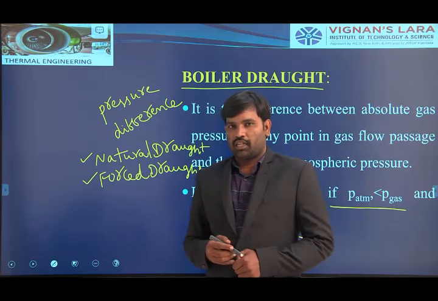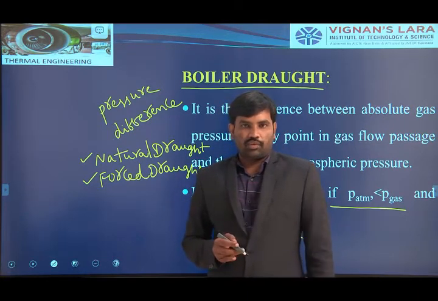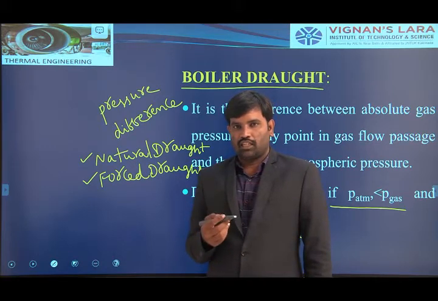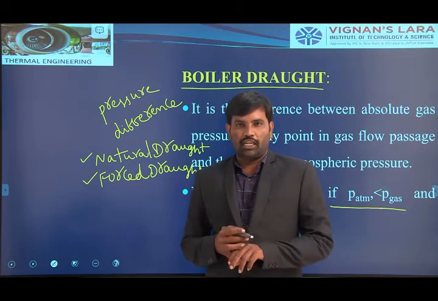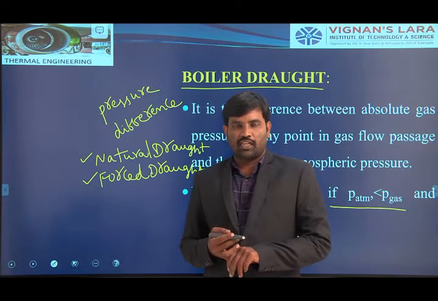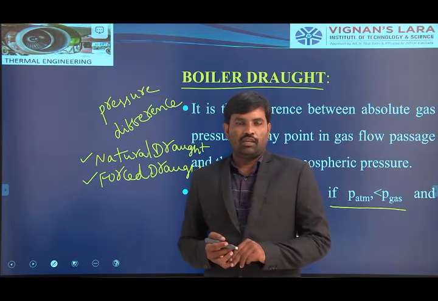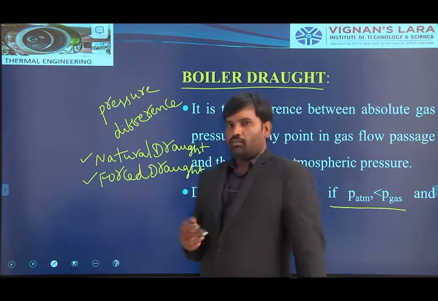Only then can we generate the combustion products, and only then can we utilize the heat energy of the generated combustion products inside the boiler shell, between the devices and components in the boiler section.